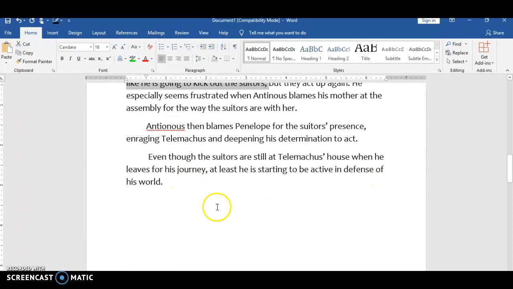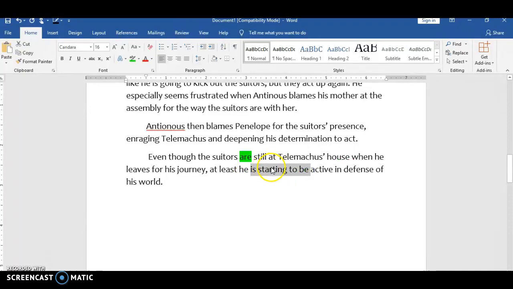Even though the suitors are still at Telemachus' house when he leaves for his journey, at least he is starting to be active in defense of his world. There's a linking verb. When he leaves for his journey, at least he is. That's a helping verb. Is starting to be. Okay, but now let's look at this. This is a really sneaky little linking verb.